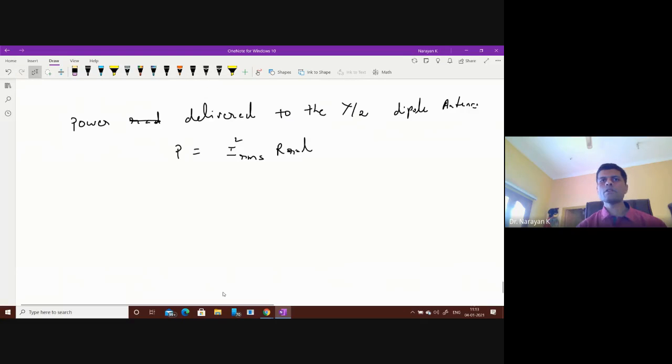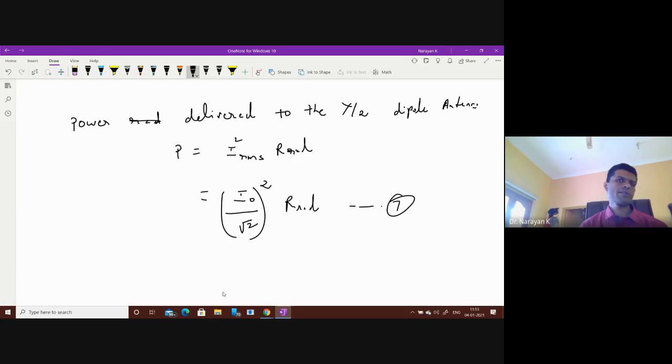So this will be nothing but your I naught by root 2 whole square into radiation resistance. Call this as equation number 7.